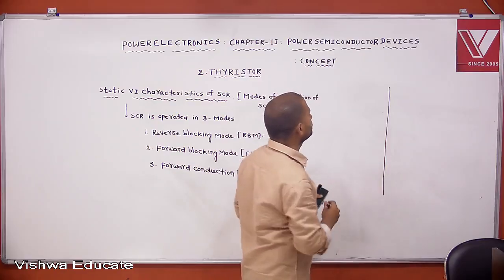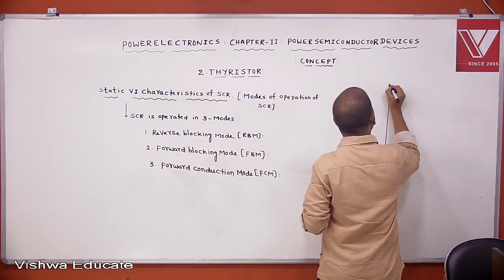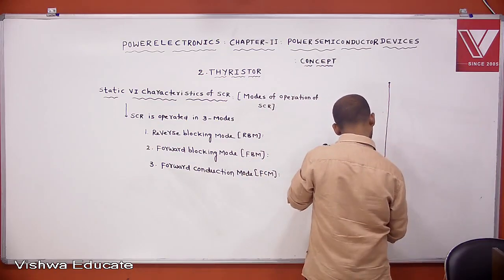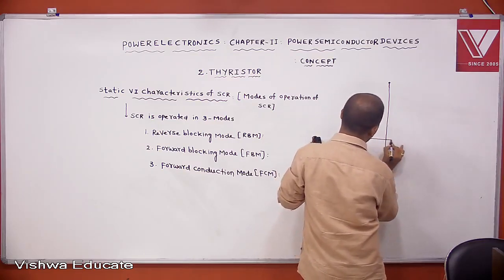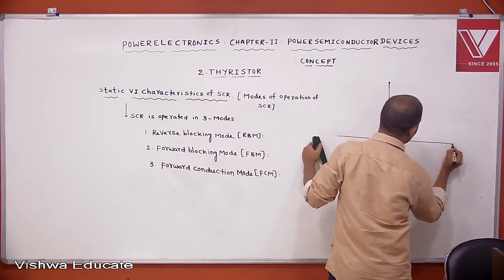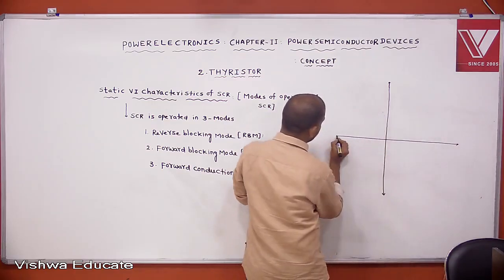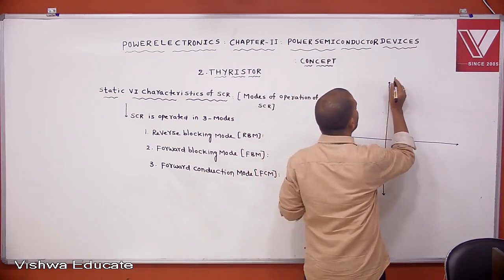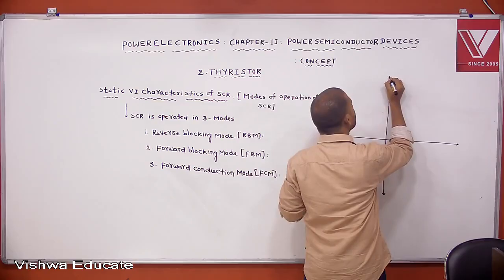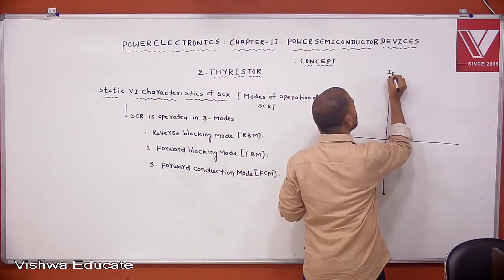First, you draw the static VI characteristics of SCR. This is anode to cathode current.